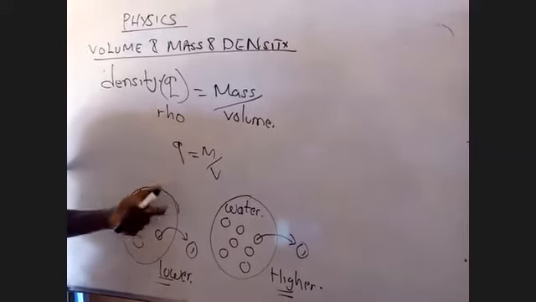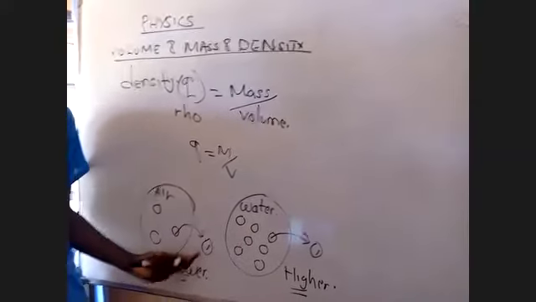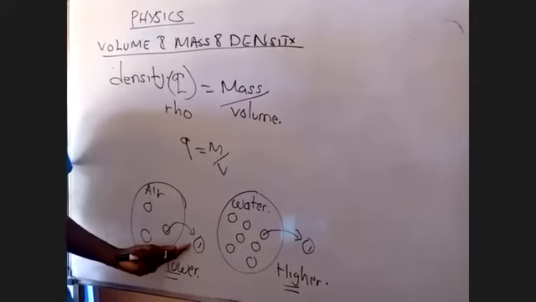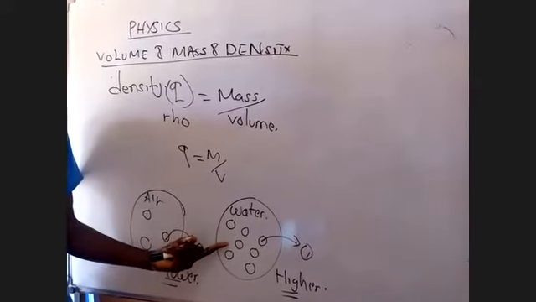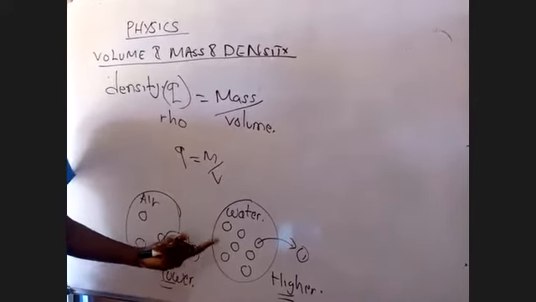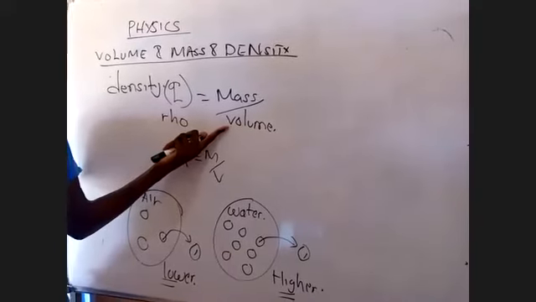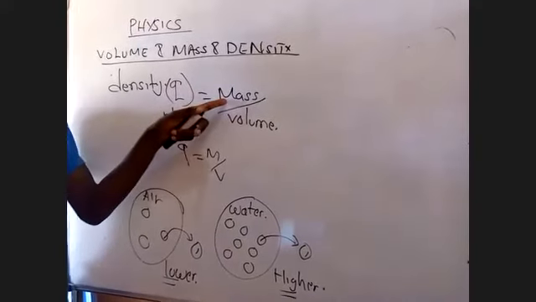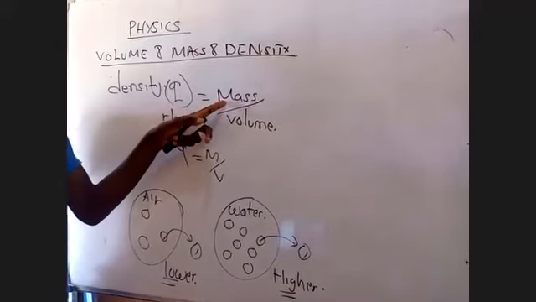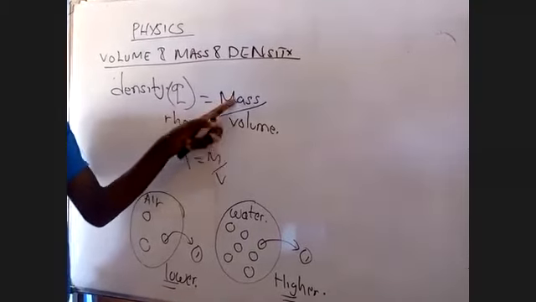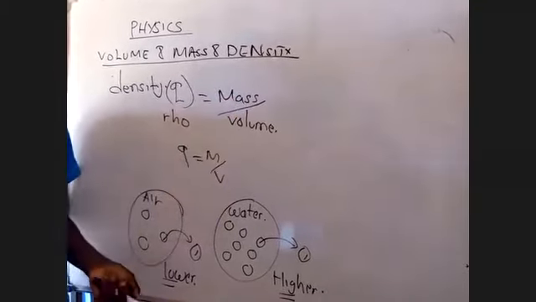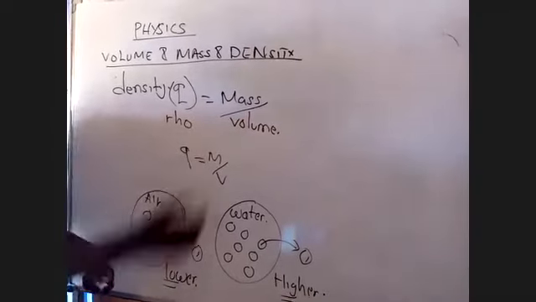It does not measure density directly, because you take the mass of the density bottle when full of water and divide it by the volume of the density bottle. This gives you the density of water.